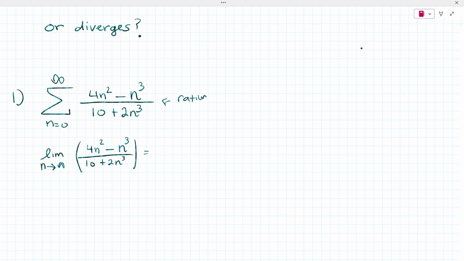The highest term on the numerator is minus n cubed. The highest term on the bottom is 2n cubed. And what do we know about the degrees? They're the same, right? So the horizontal asymptote is the ratio of the coefficients. On the top, the coefficient is negative 1, this invisible negative 1, and on the bottom, it has a coefficient of 2. So the limit is negative 1 over 2. Since it's other than 0, then it diverges. So we could say diverges.